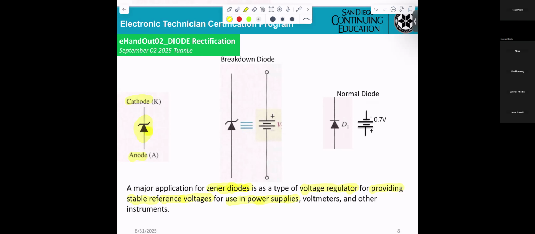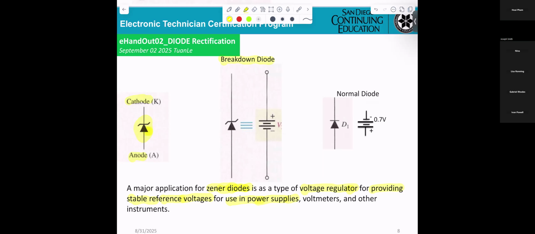Higher than 5 volts, they will cook the IC. The IC will be burned. So that's why we're talking about Zener, the breakdown diode.